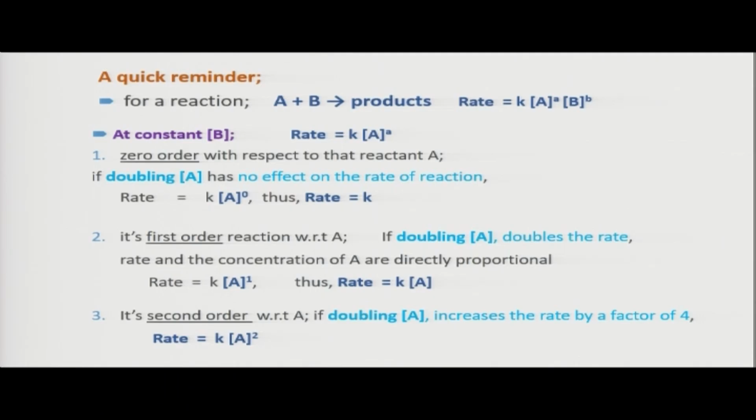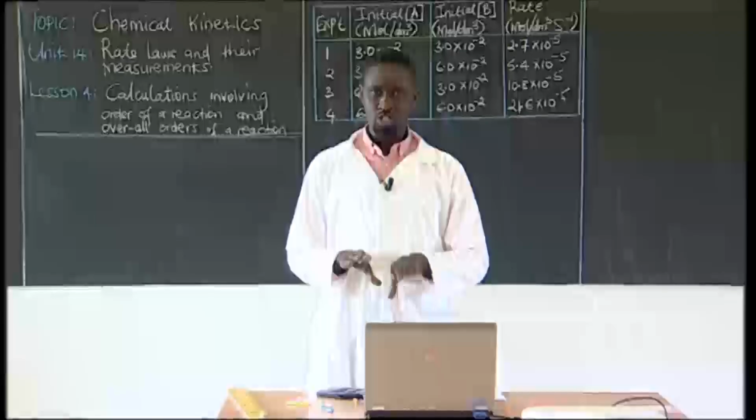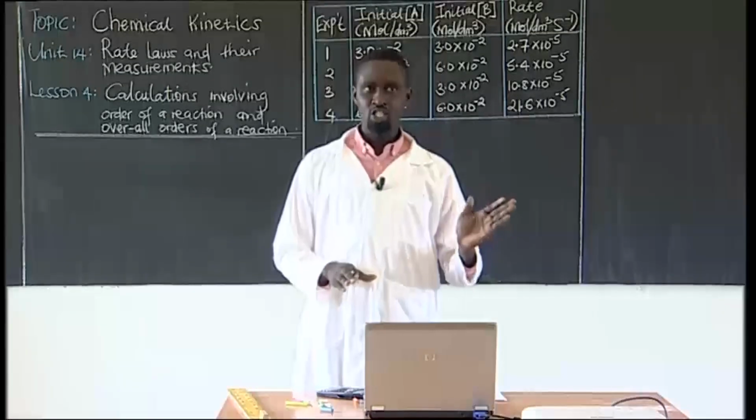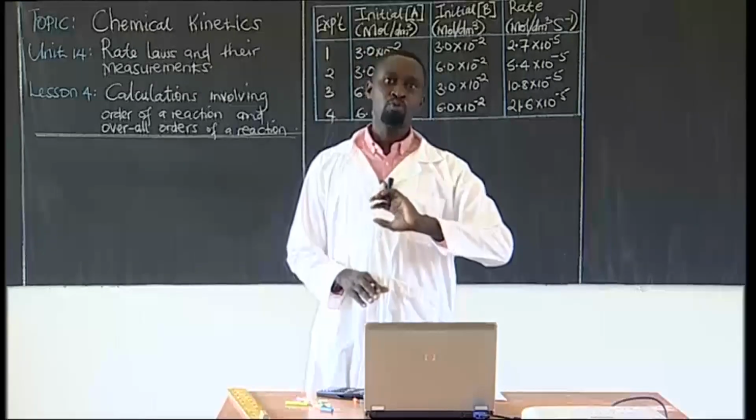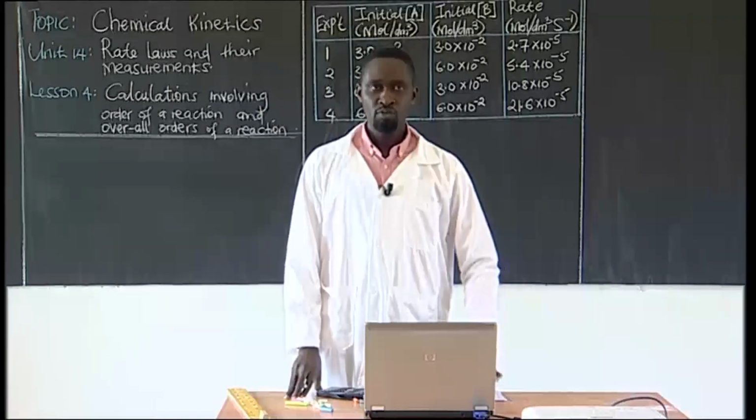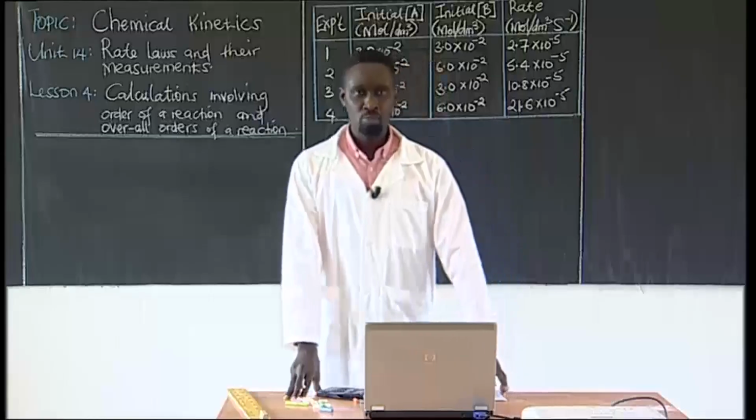So for any reaction, if you consider A plus B as reactants, giving products, the aspect of products isn't essential at the moment. All we need is to see the changes in the concentration of reactants. That's why the products are not focused on much in this topic.